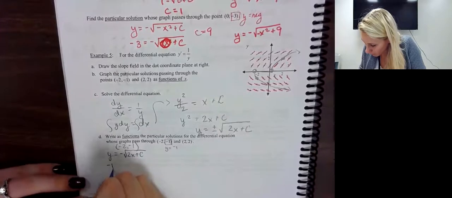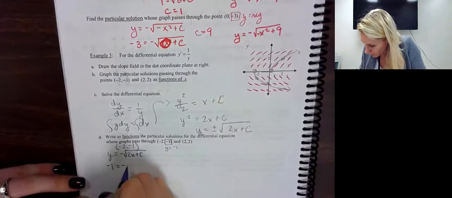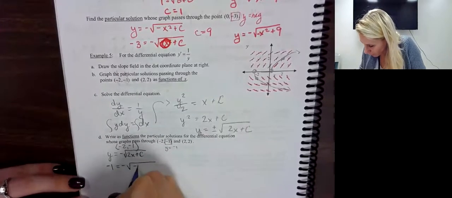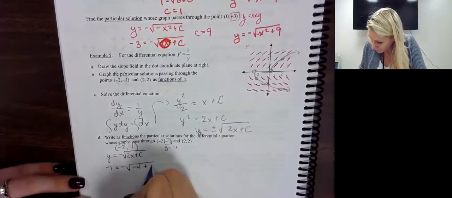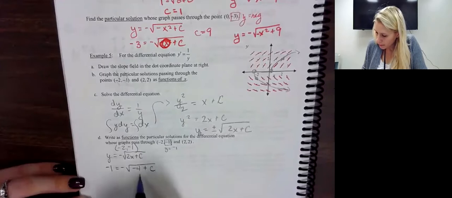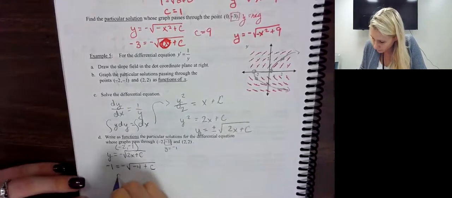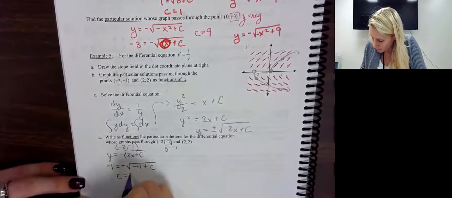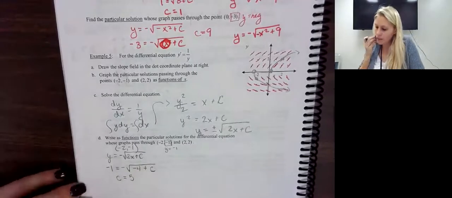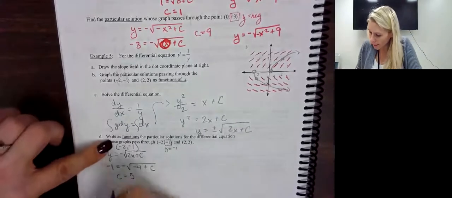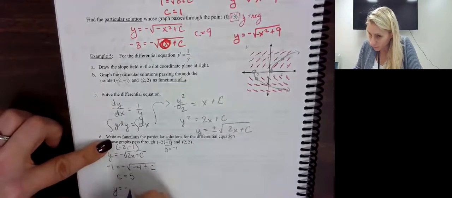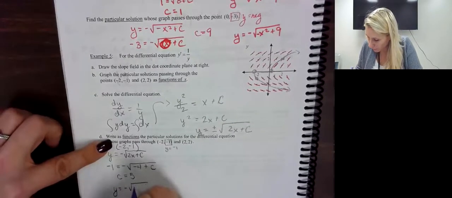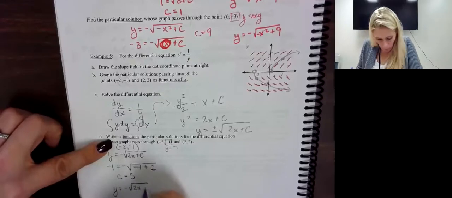I get -1 equals negative square root of -4 plus c. So that means that c equals 5. So the function that goes through the point -2, -1 is y equals negative square root of 2x plus 5.